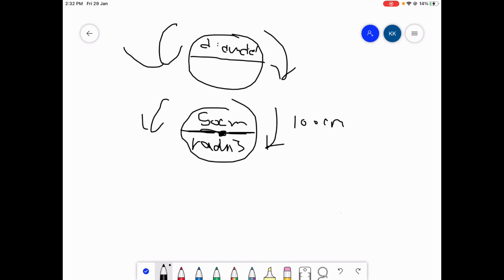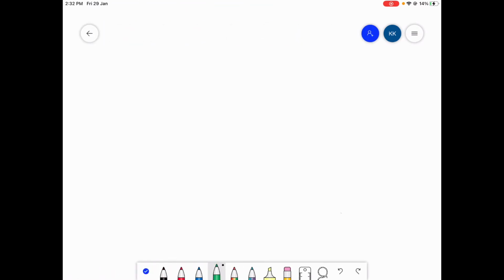So now we want to find the circumference from a radius. Let's give this example: the circle, and its radius is 2 meters. We want to find the circumference.